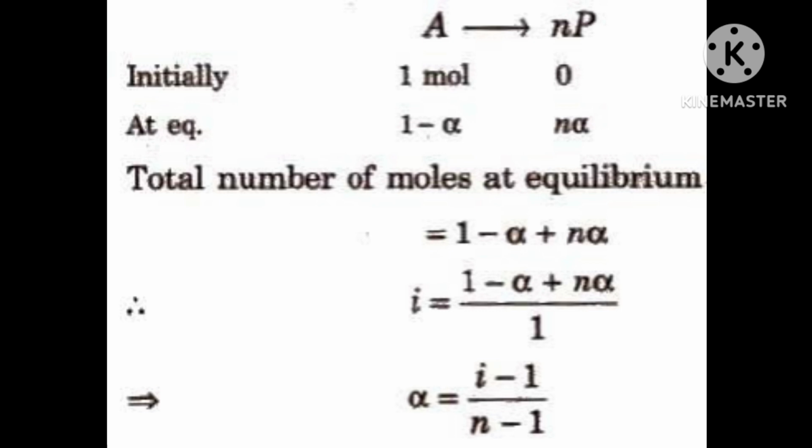Now you can easily calculate x, because i is equal to 122 divided by 241, and that is equal to 1 minus x by 2. After solving, you will get the x value, 0.992. See, the x value is 0.992.